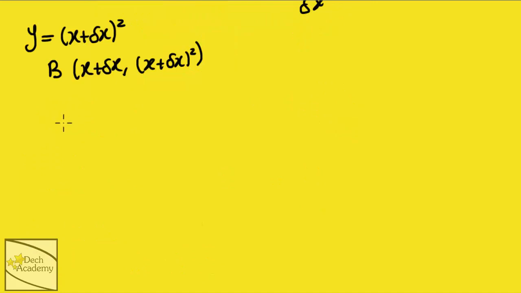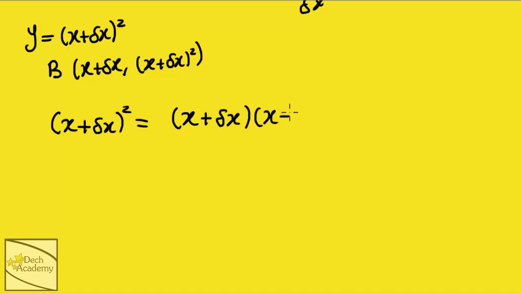From the expansion procedure in the algebra course, you know that x plus delta x all squared is the same thing as x plus delta x times x plus delta x, which is the same thing as x into x plus delta x, plus delta x into x plus delta x. Review the expansion course if you have to.